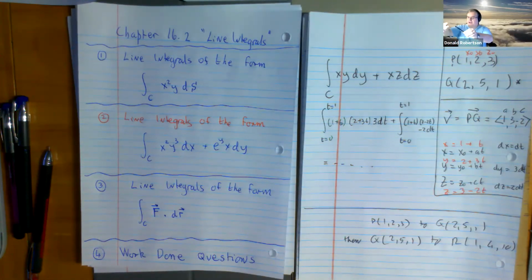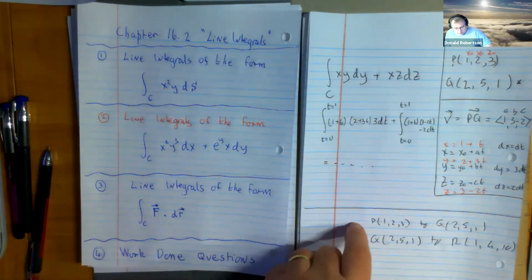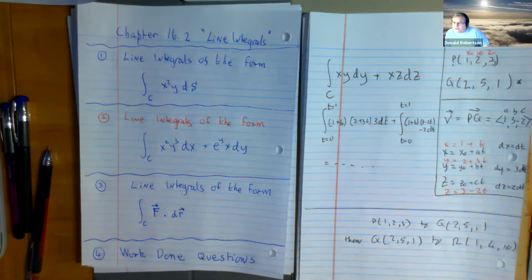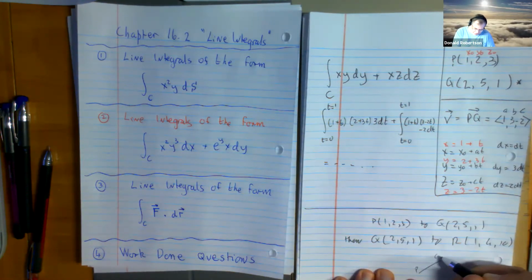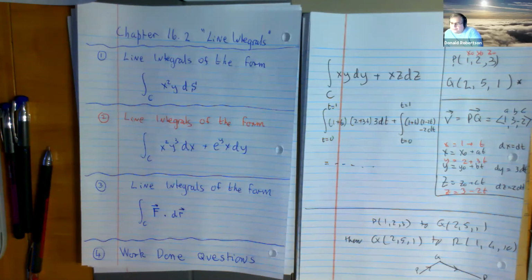Can you imagine it's that line, then this line? How would you adapt the process to find the complete line integral when the C is really made up of two different pieces, a PQ and then a QR? How would you adapt the process to cope with that?